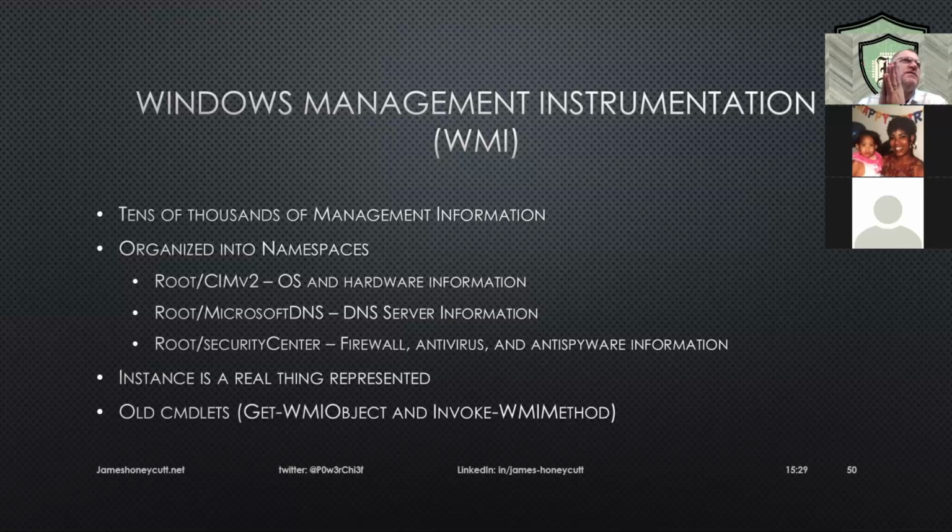Once we do that, from what I was seeing, we can use our CIM commandlets on Linux machines or Mac machines. So what does that mean? That means all the stuff that we used to do with WMI on Windows, we're going to get to do on Linux and Mac through PowerShell.